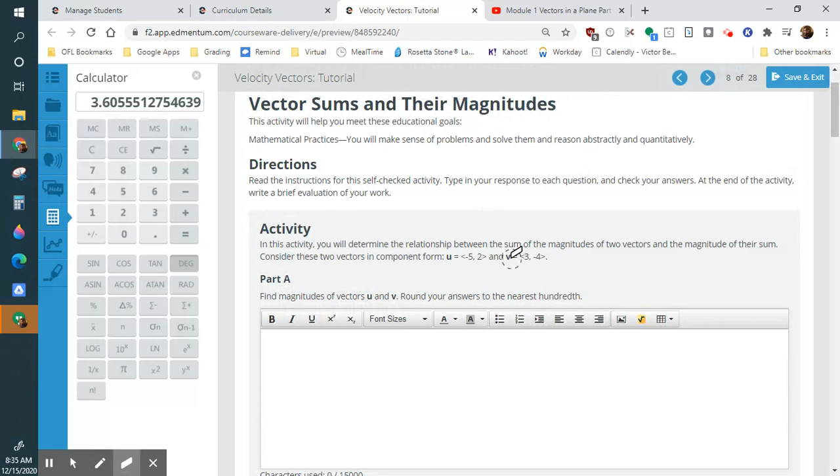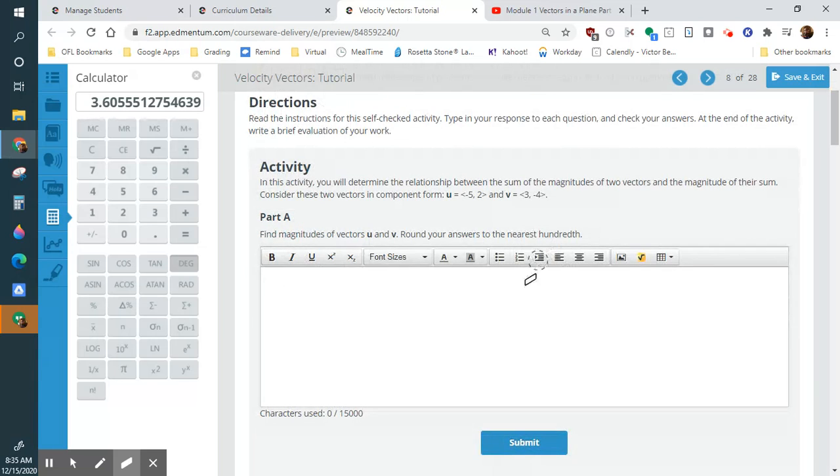All right, so now we're going to do a brief thing here. In this activity, we're going to determine the relationship of the sum of these vectors. So find the magnitude of these two vectors together. In order to find the magnitude, first we need to find the sum.